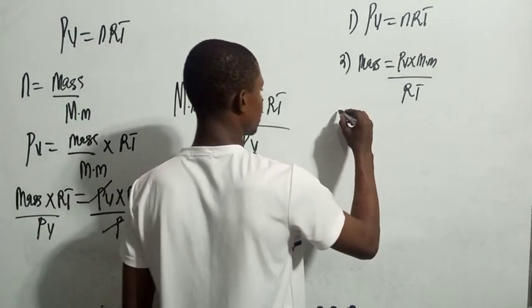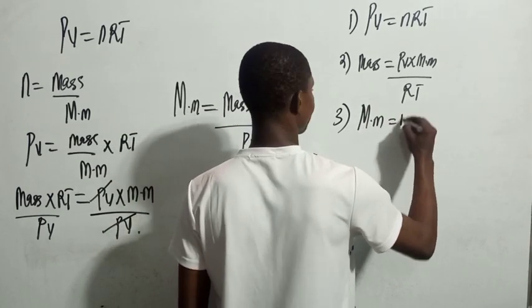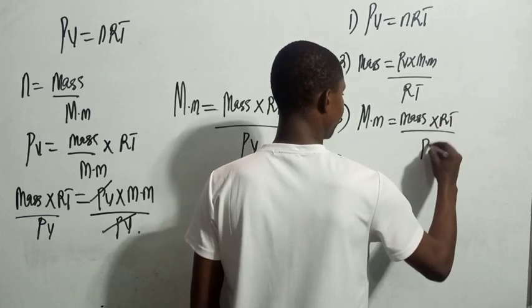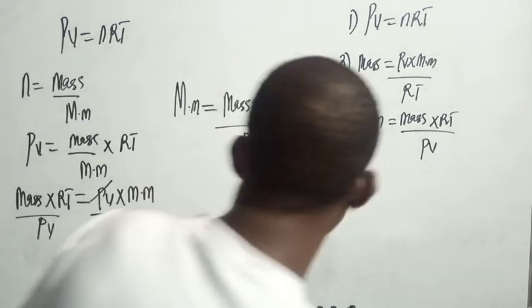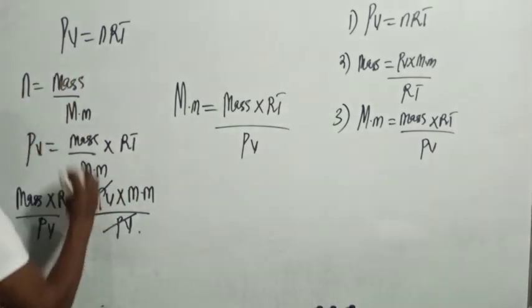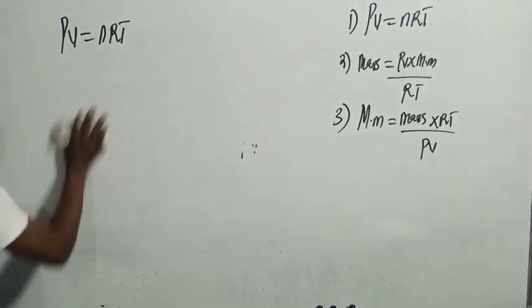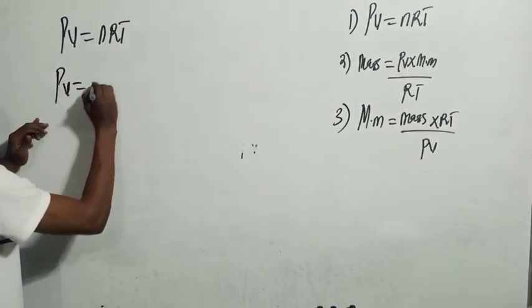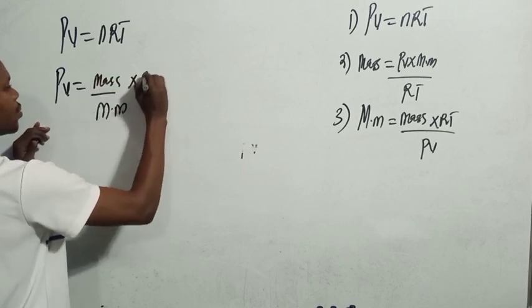So molar mass equals mass times RT over PV. So that is it. From this place, you know that PV equals mass over molar mass times RT.